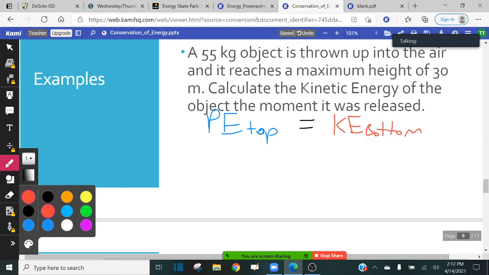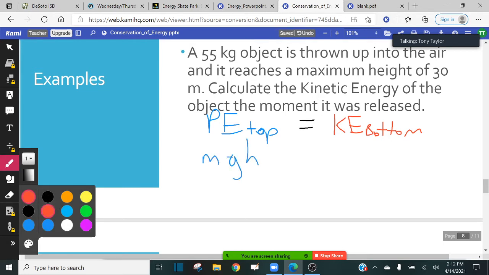Now, they don't give us any velocity or anything here, so they don't give us enough information to use the 1/2 mv squared equation, but they do give us enough information to tell us how much potential energy the object has once it reaches the top of its path. They do give us mass and they do give us height.